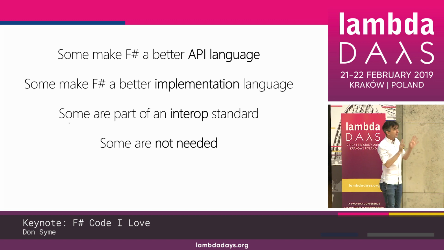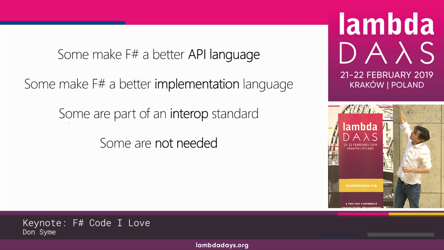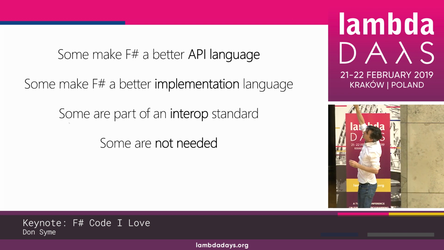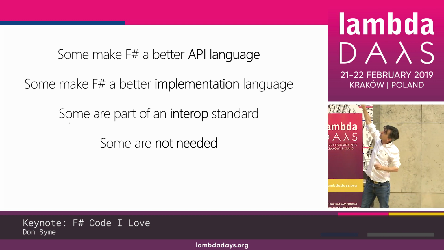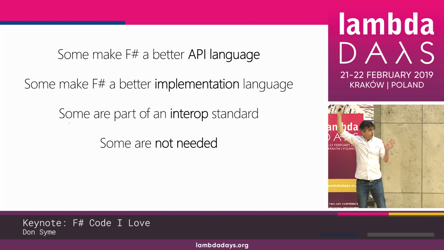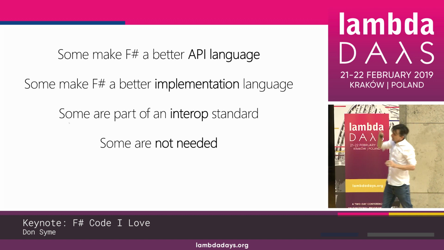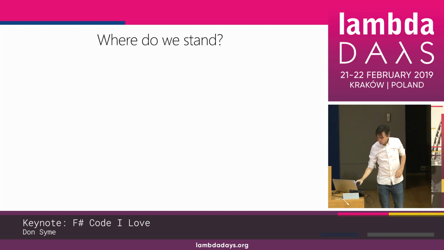The dot notation is genuinely useful and simplifying. So some of these might make it a better implementation language, like struct representations or some of the other elements. Some of them are part of the world we live in, whether it's .NET programming or JavaScript programming, and some of them are not needed at all.